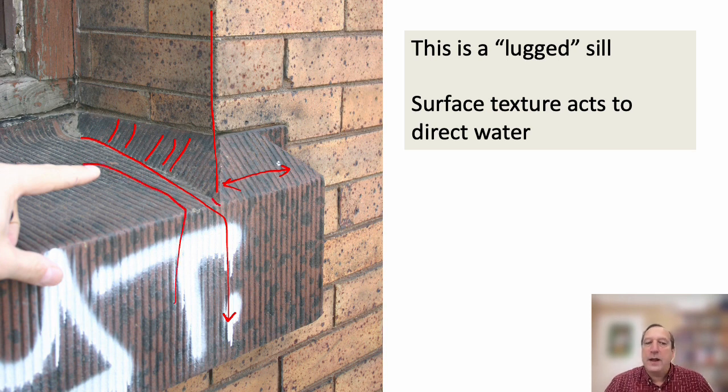It would take quite a bit of wind to even make it go a little bit to the side because of these grooves holding the water. So I just find it interesting how when you look at these older buildings, you can see that there's some really clever solutions and also a direct concern with how do we manage water on the surface.